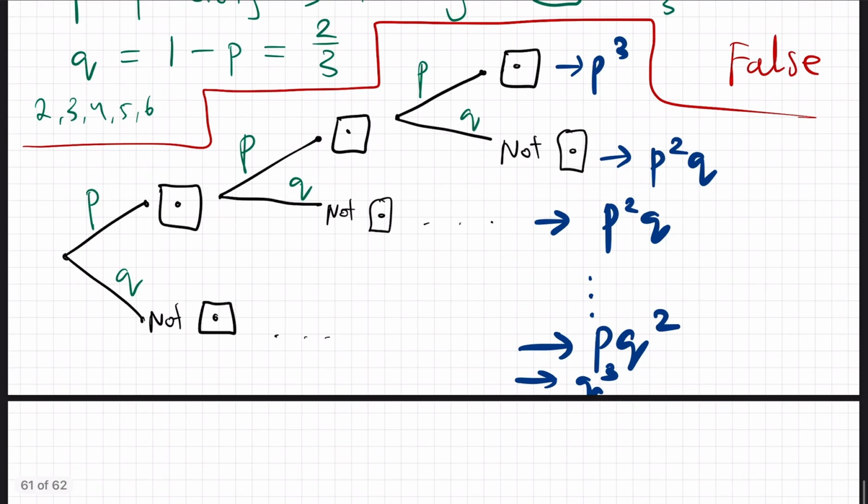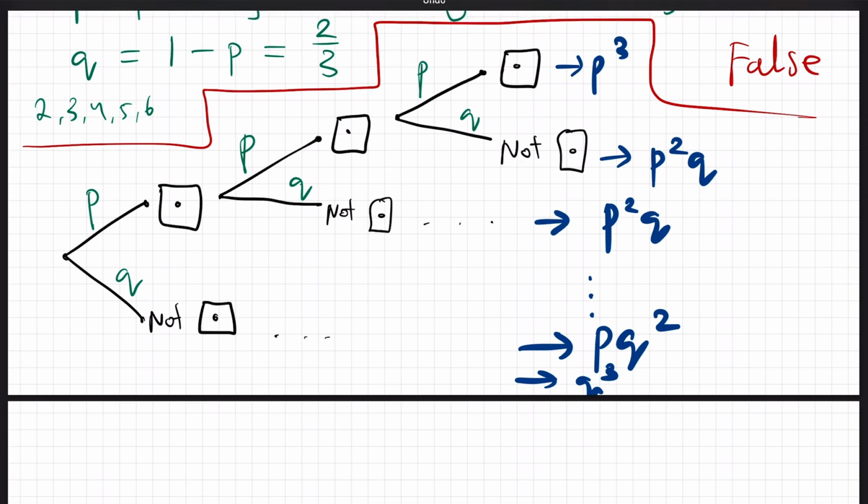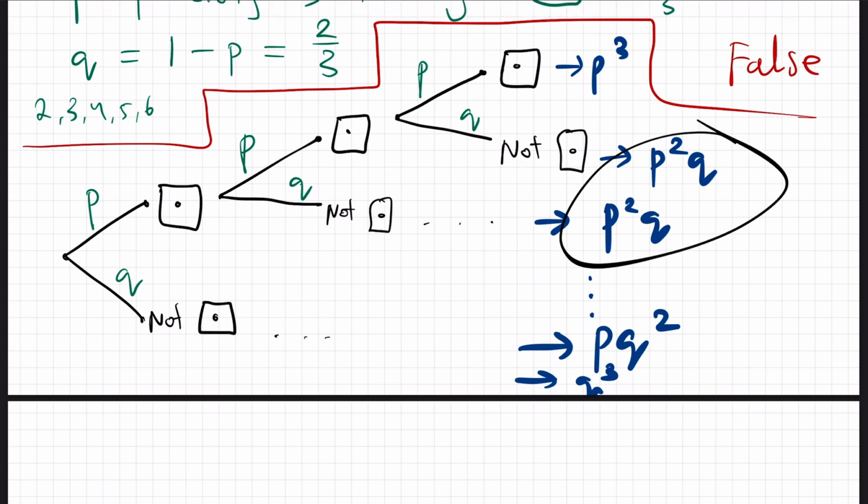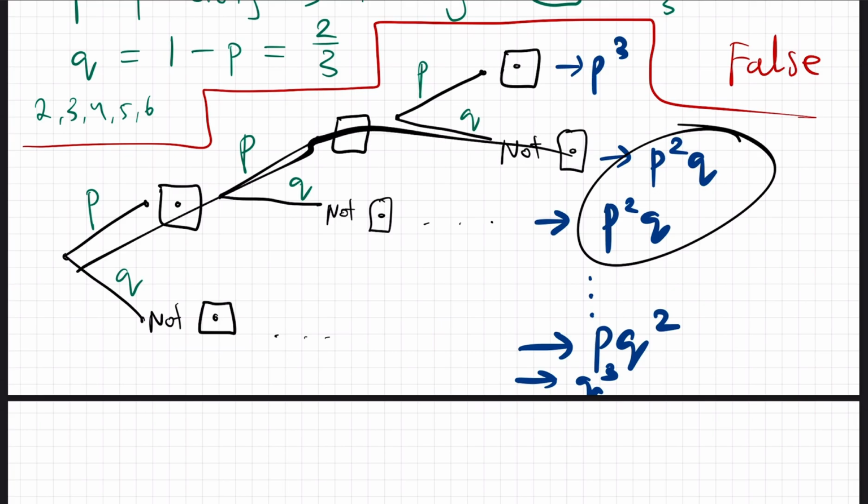So you can see we've got lots of different classes of probabilities, and there are multiple ways in which they can happen. So we want to effectively find a formula which is going to give us the total of this without having to manually go through each path.